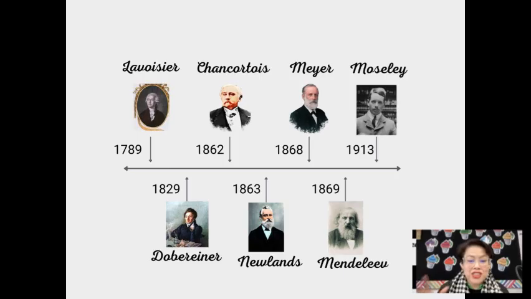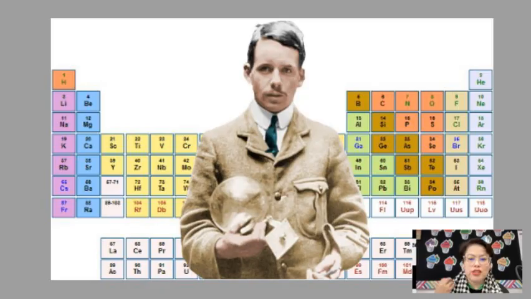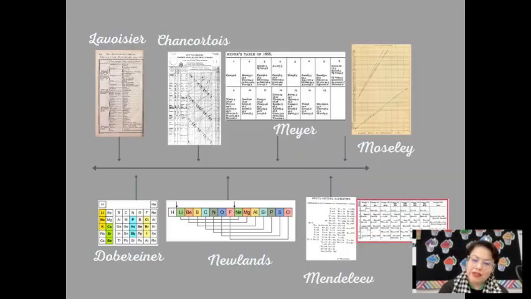Now, in 1913, Englishman Henry Moseley, trying to understand the structure of the atom, began measuring the amount of positive charges on the elements, and he found that each of them has a different one. So basically, he discovered the atomic number. And when they put this information into the periodic table that they had already accepted, which was Mendeleev's table, they saw that the correct order of the elements would have been increasing atomic number.